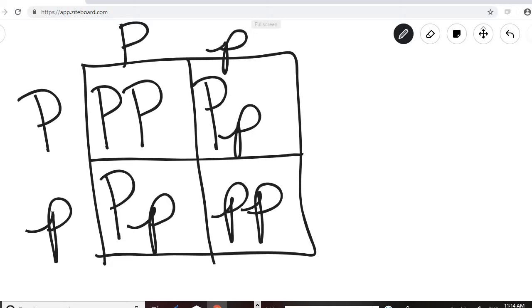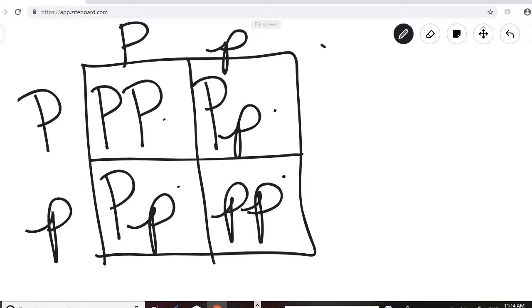Okay, so now these are the different genotype possibilities for the offspring. This one, this one, this one, and this one. And then we can determine what the phenotypes would look like. So first of all, let's do the genotypes.